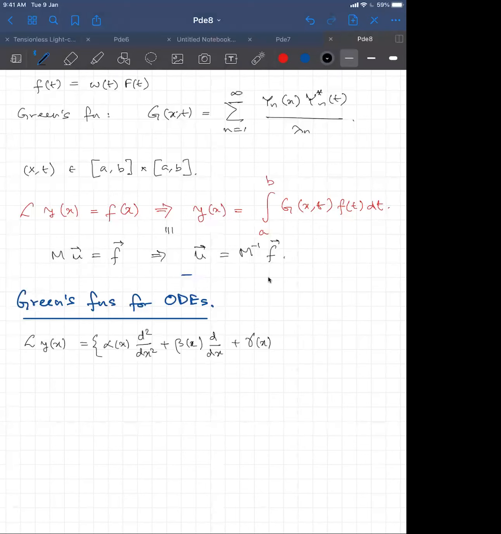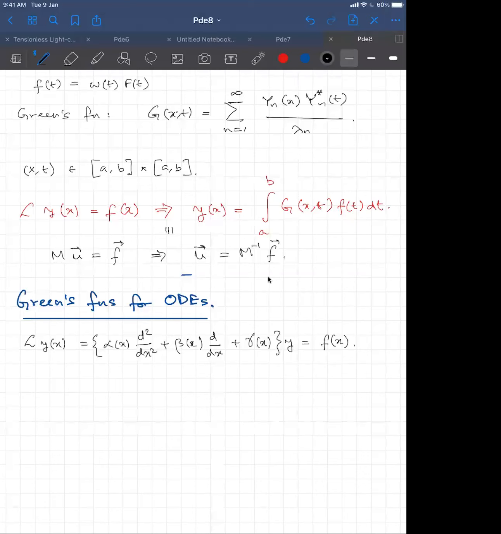This is the form of L, acting on y, equal to some forcing function f of x, okay? Alpha, beta, and gamma are continuous functions in this domain, and we also require that alpha is non-zero. We will also require f of x to be bounded in AB, okay?